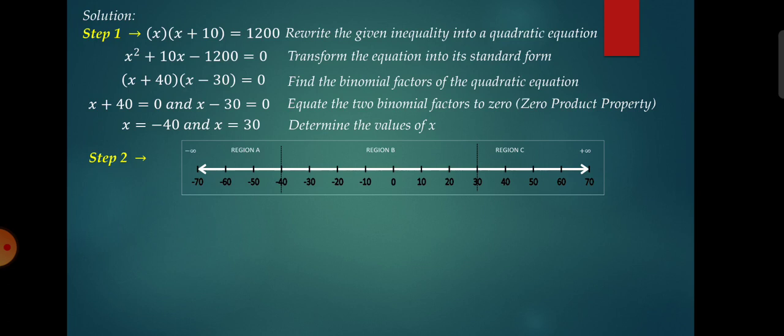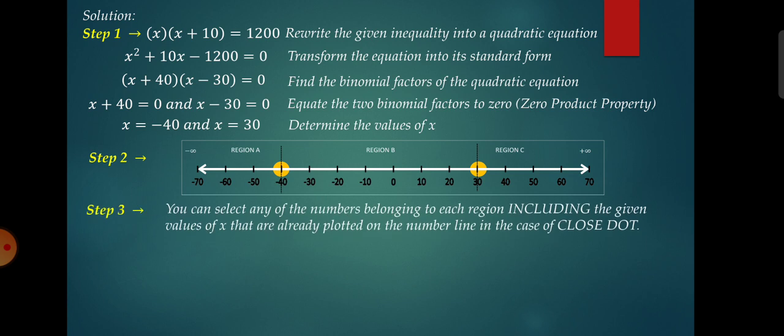Region C is from positive 30 to positive 70. Okay, so we have plotted there already the two possible solutions of x, and we use closed dots, since the symbol used is greater than or equal to. So closed or solid dots.